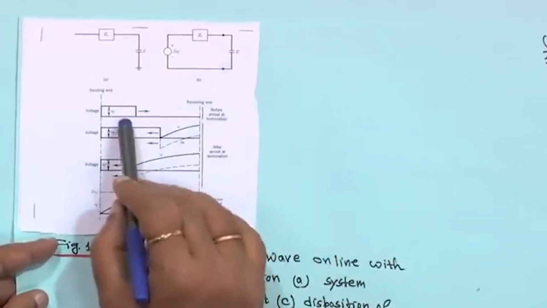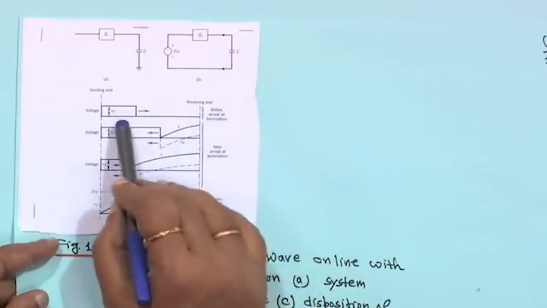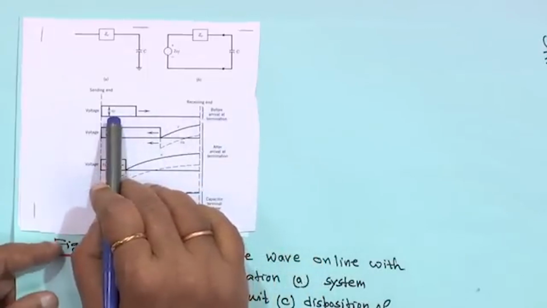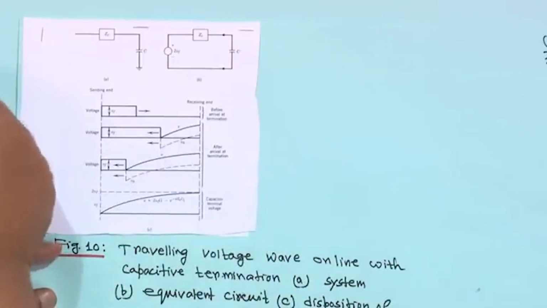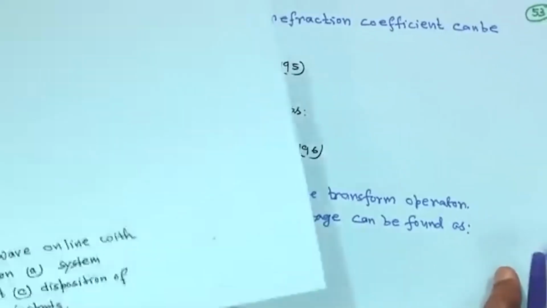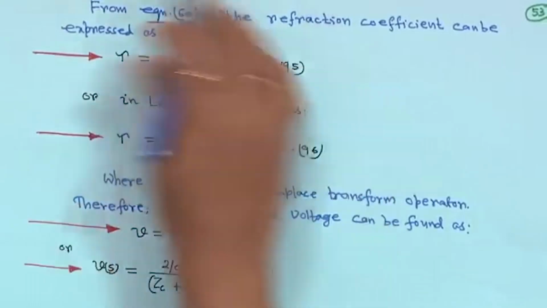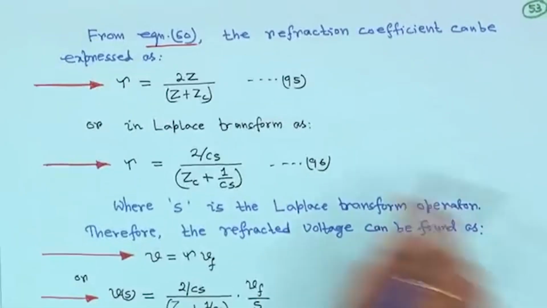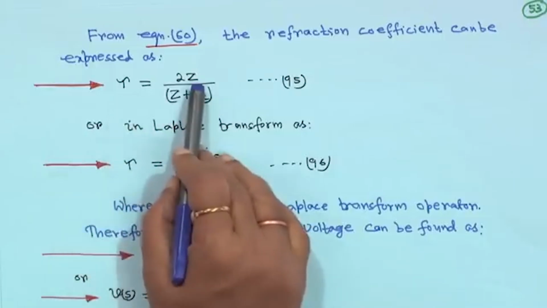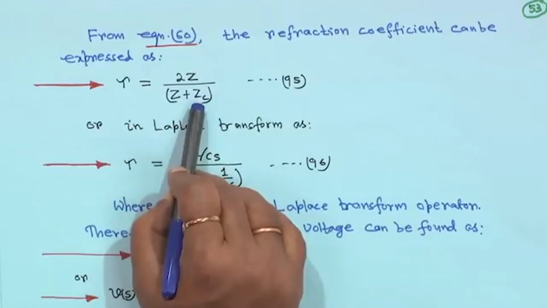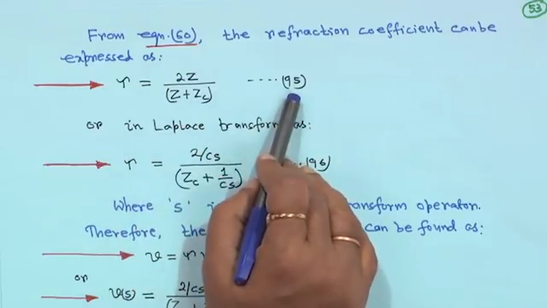Now, this is the voltage wave travelling along this direction, before arrival at the junction. From equation 60, we know the refraction coefficient can be expressed as tau is equal to 2Z upon Z plus Zc. This is equation 95.